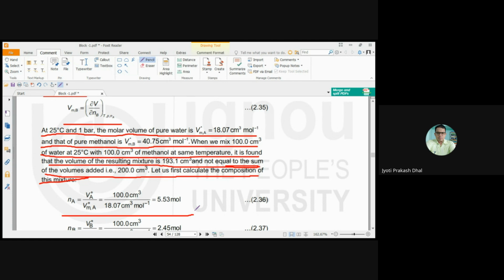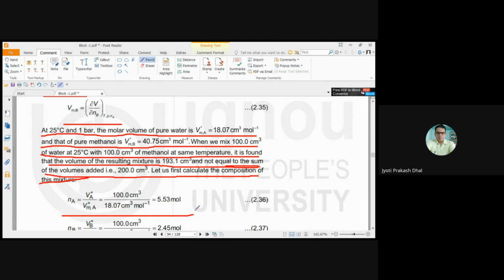Because when we mix water with methanol, the interaction of water and methanol is greater than the interaction of water with water, and the interaction of methanol with methanol. That means the interaction of water and methanol in the solution is greater than the interaction of water molecules in pure water, and also greater than the interaction of methanol molecules in pure methanol.